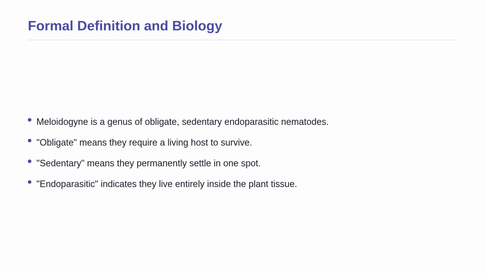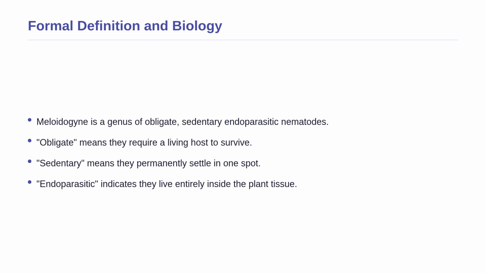Now that we have an intuitive picture, let us look at the formal scientific definition. Meloidogyne is a genus of obligate, sedentary, endoparasitic nematodes. What do these terms mean? First, obligate means they absolutely require a living host plant to complete their life cycle.